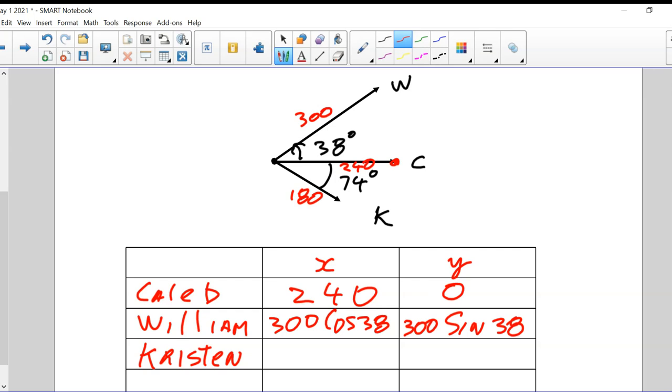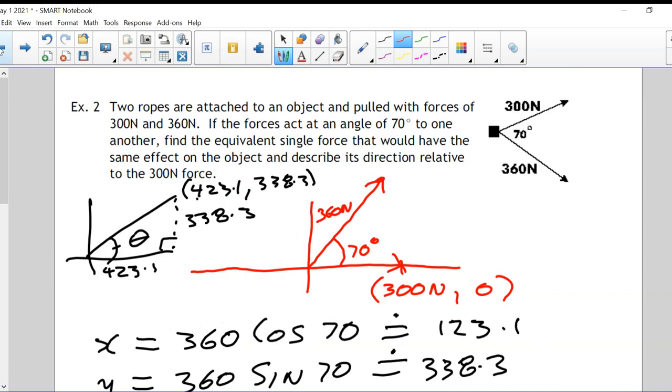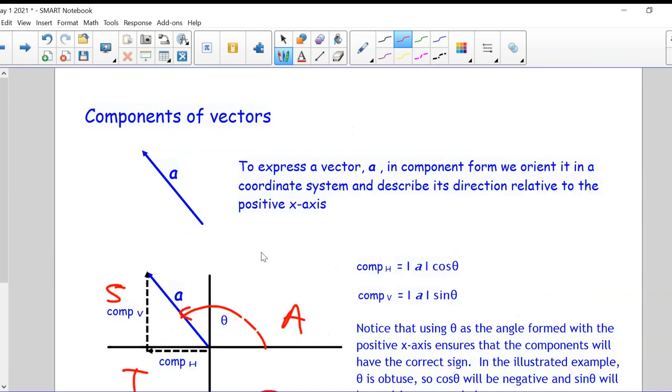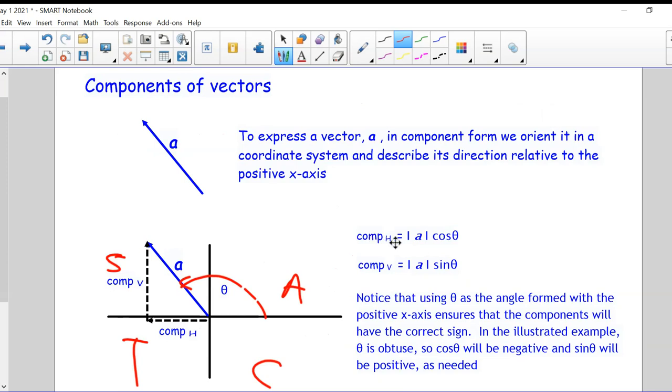Okay? So this is SOHCAHTOA, right? It is, Ashvan, it is SOHCAHTOA, but there's kind of an understanding, like I said, let me go back a couple of pages here. If you want to get the horizontal component, you multiply the magnitude of the vector times the cosine of the angle that it forms with the x-axis.